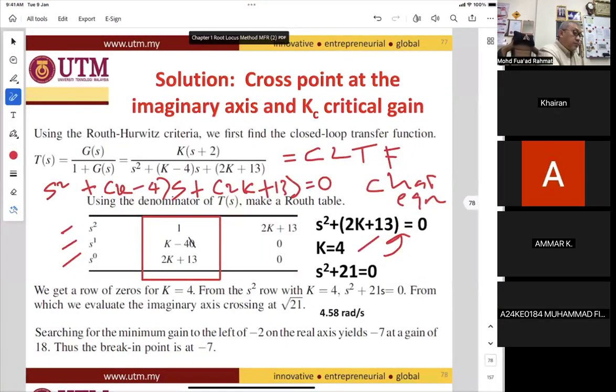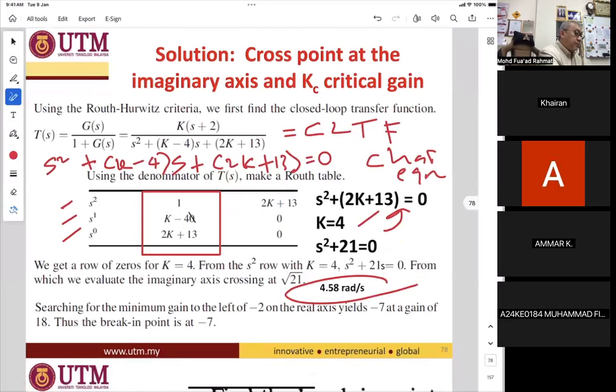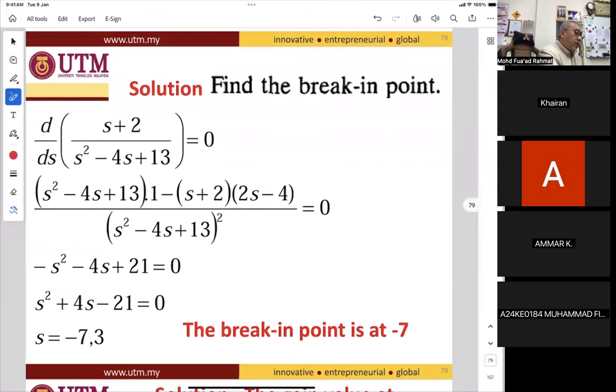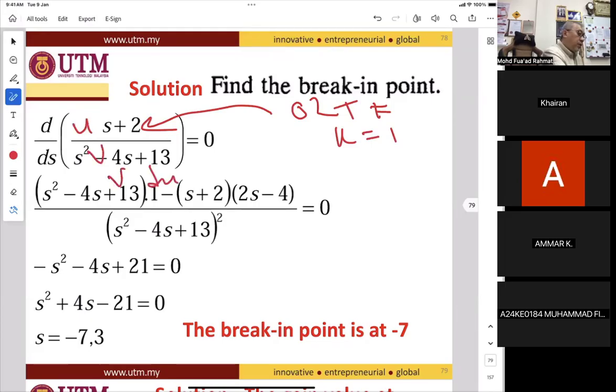Okay, as shown here. So for the break-in point by calculations, this is the open loop transfer function, by assuming k equal to 1. So we do the calculations. You assume this one is u, this one is v. So it is v du, u dv, and v squared equal to 0.